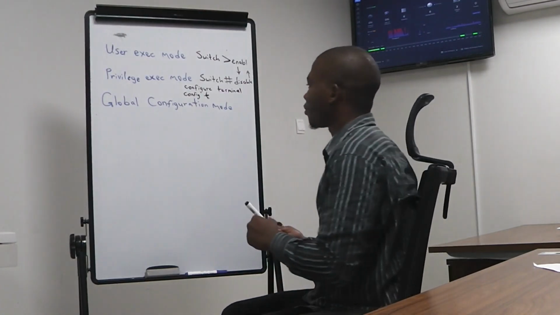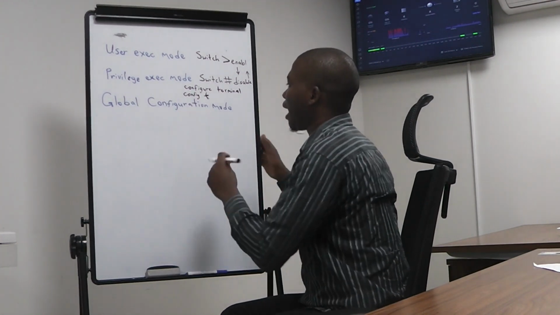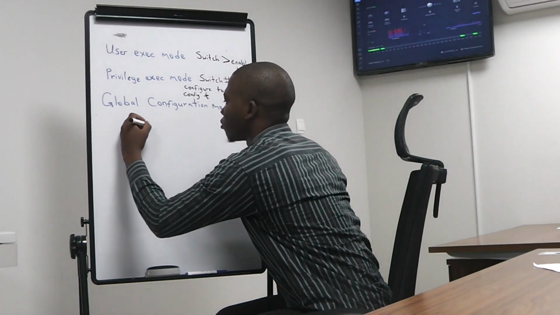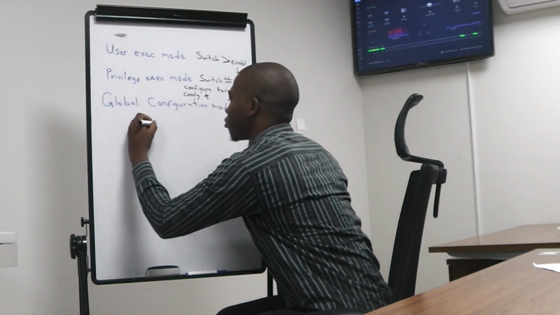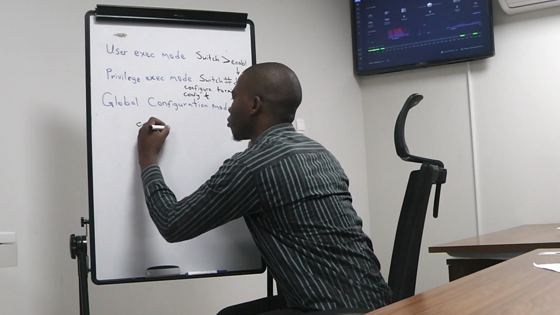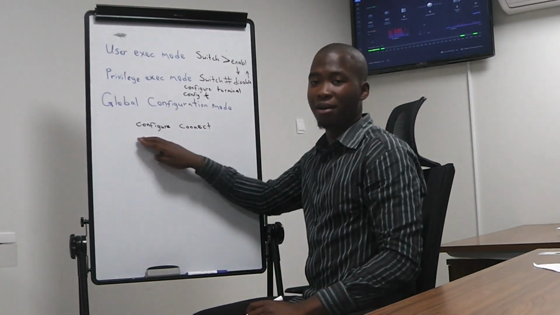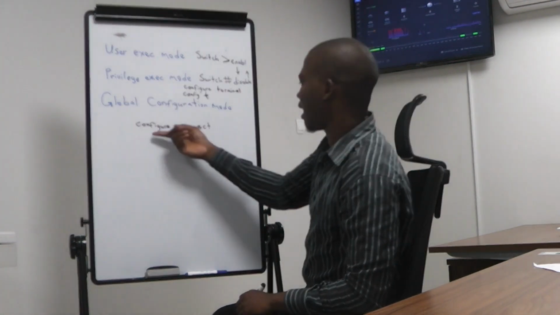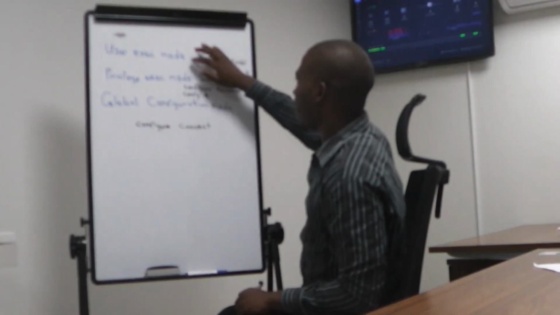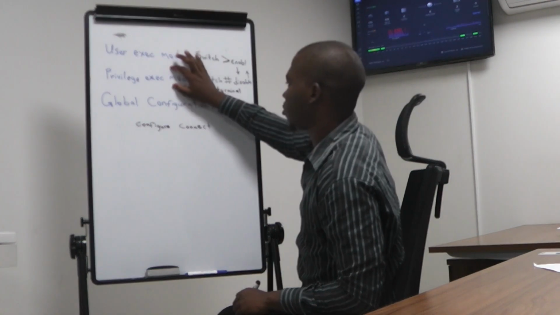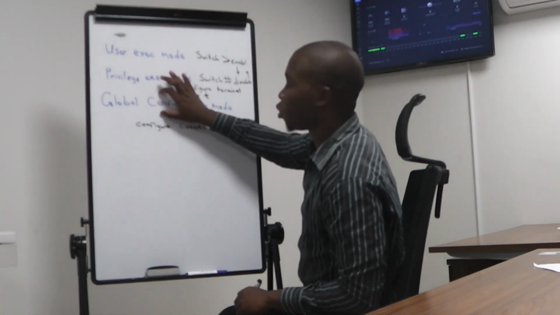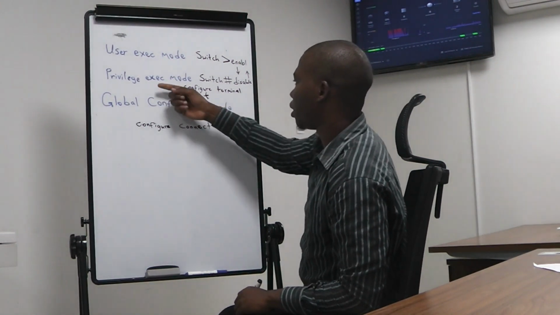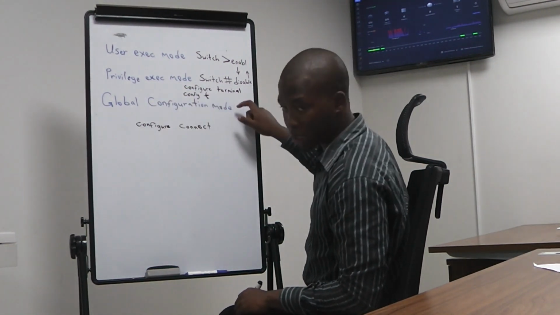So now let's say I have configure and connect. I'm on the privileged exec mode and I want to move to the global configuration mode. Like I already said, to move from privileged to global, you type configure terminal.